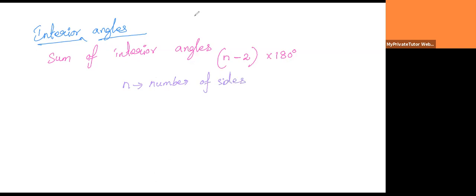Okay, let me check if I have any shape here. Give me a second, I will try to draw. And one more thing, this formula is applicable only for regular polygons, which means all the sides are the same.